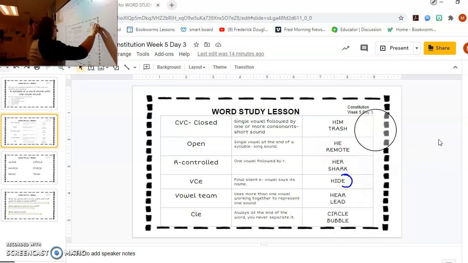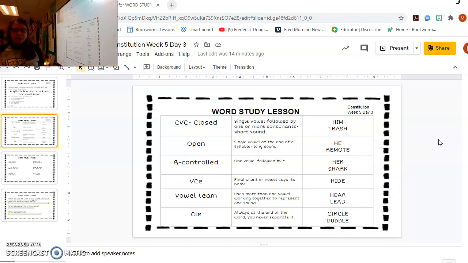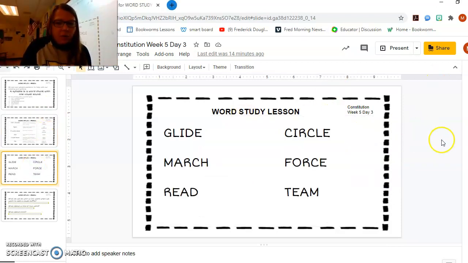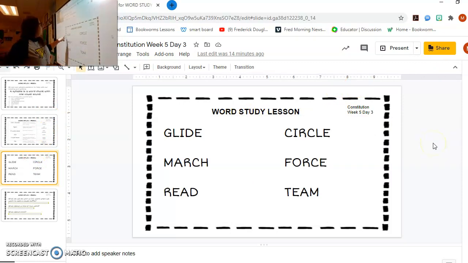So now that we refreshed our knowledge about these syllable types, let's have a look at some of the verbs. Let's read those verbs first, okay? Glide, circle, march, force, read, team.